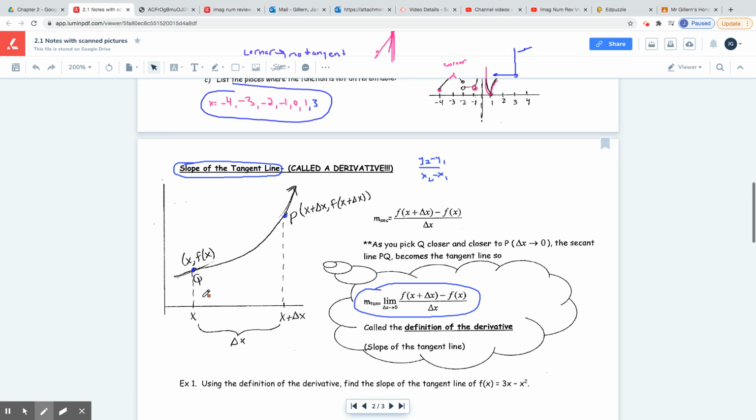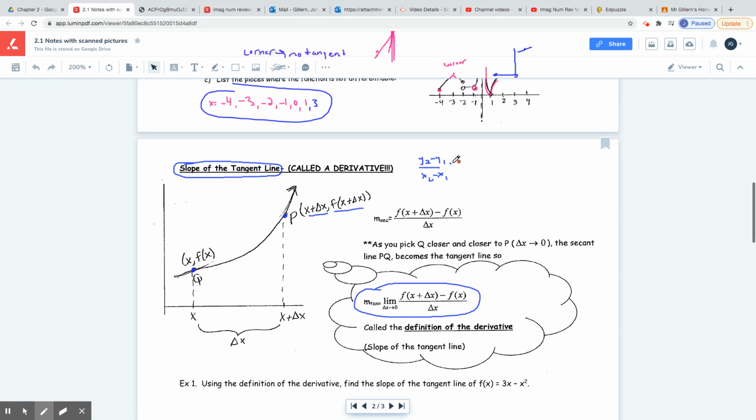So then we go over a certain amount. We're going to call that delta x, which means the change in x. So if this x coordinate was x, then this new one is x plus whatever delta x is. That's where this comes from. Then to get the y, you would just plug this into the function. So that's where you get f of x plus delta x.